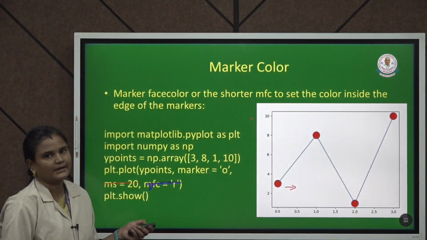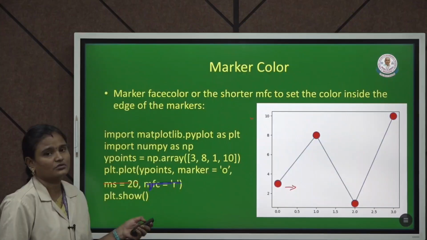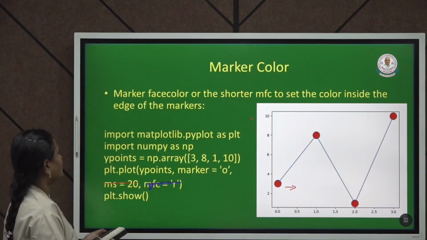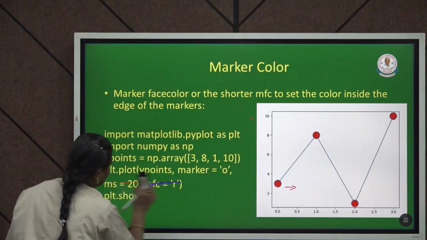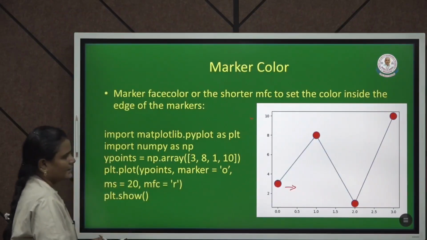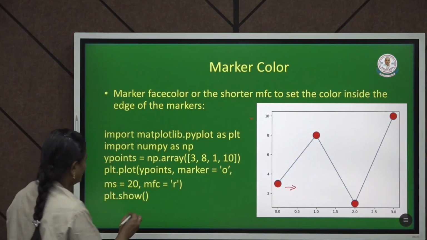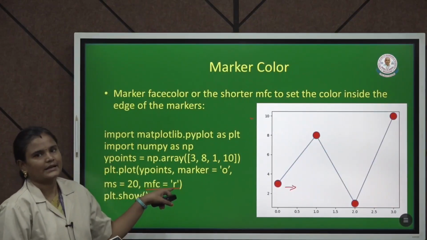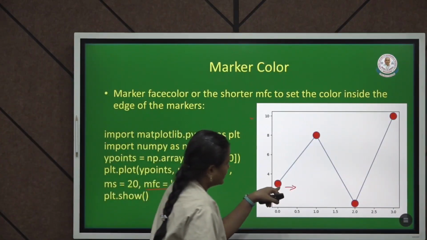Then marker face color is used in a graph for filling the color in the specified points. In the same program, we mention only the marker face color as r, where r represents the red color.